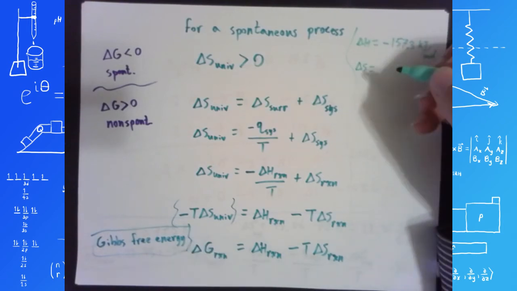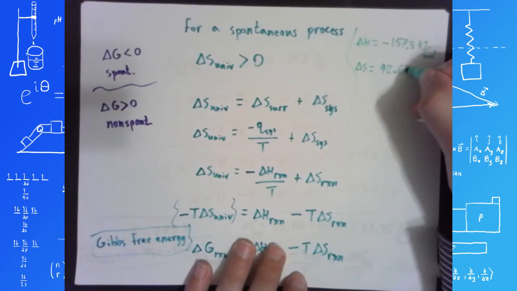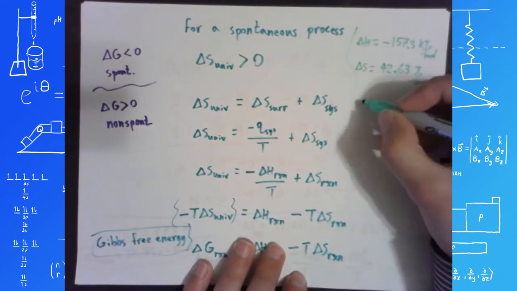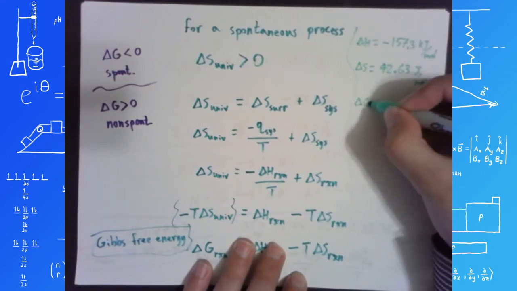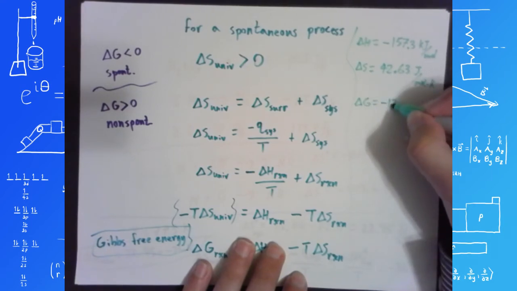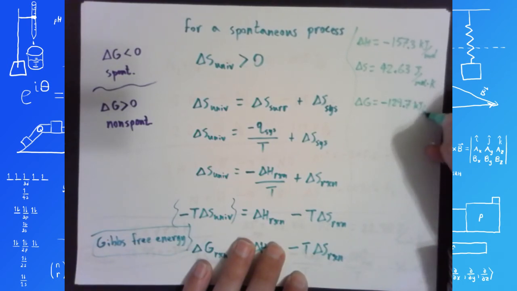Delta S is 42.63 joules per mole Kelvin. And they told us delta G is negative 129.7 for copper 2 oxide. That's in kilojoules per mole.